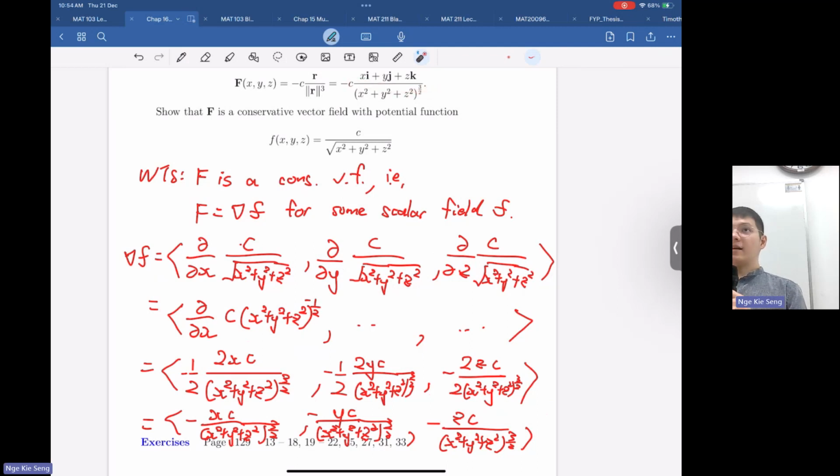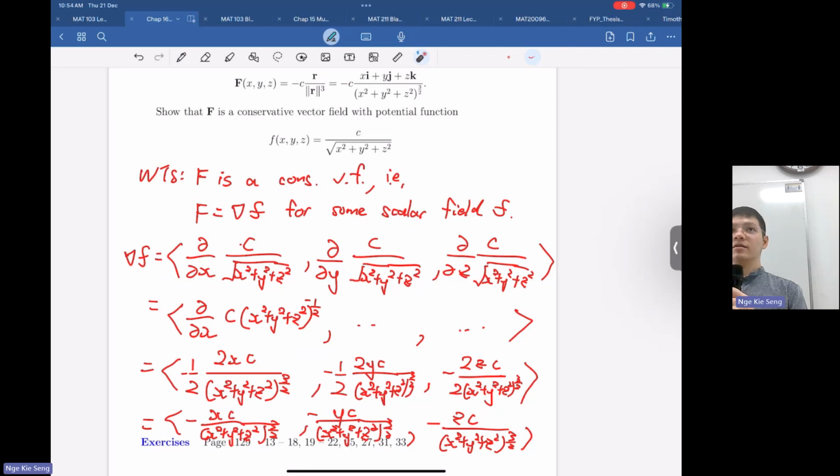Divided by the length of your point. So you have the length of the point, and then you have to cube it.